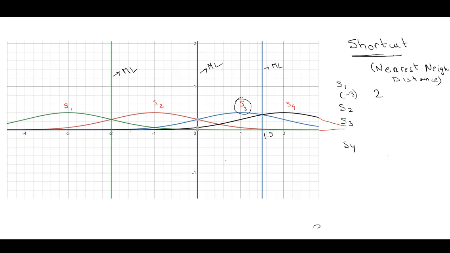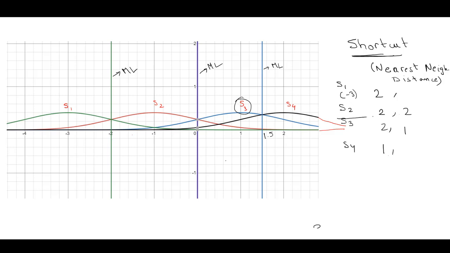For S2, it has two neighbors, S1 and S3. So, the distances are 2 for S1 and also 2 for S3. For S3, it also has two neighbors, S2 and S4. For S2, the distance is 2, but for S4, the distance is 1. For S4, it has only one nearest neighbor, which is S3, at a distance of 1.